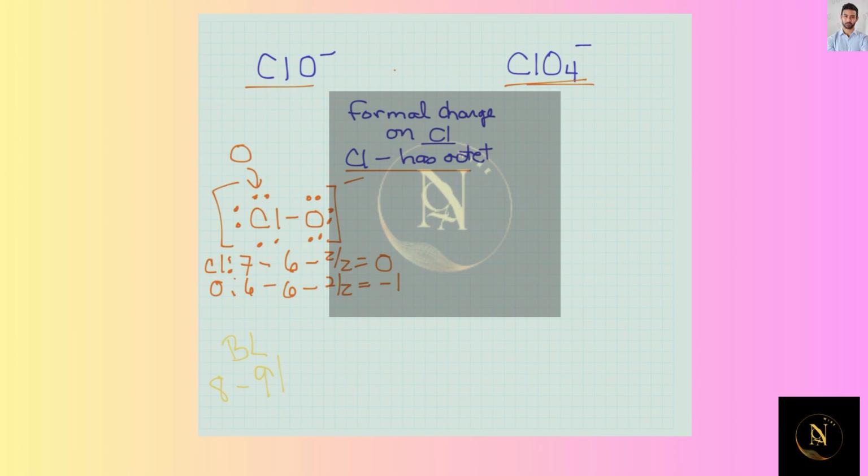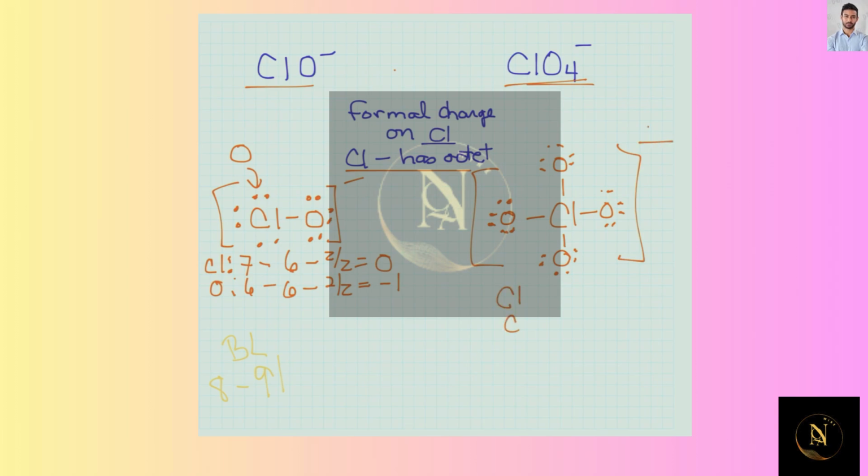Now let's do the perchlorate. And perchlorate, to have an octet, to give one extra electron, we can assume that each oxygen has a single bond with chlorine. That is a minus.